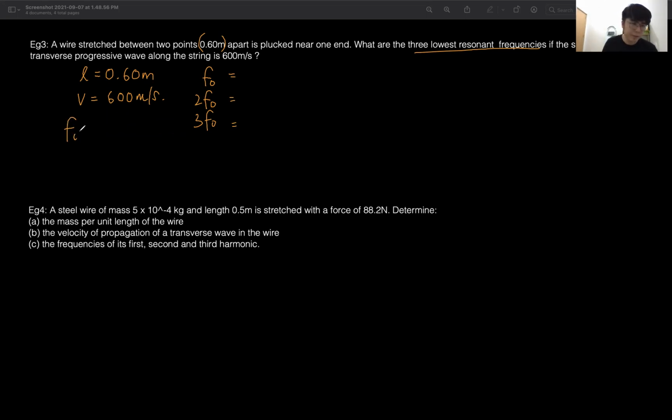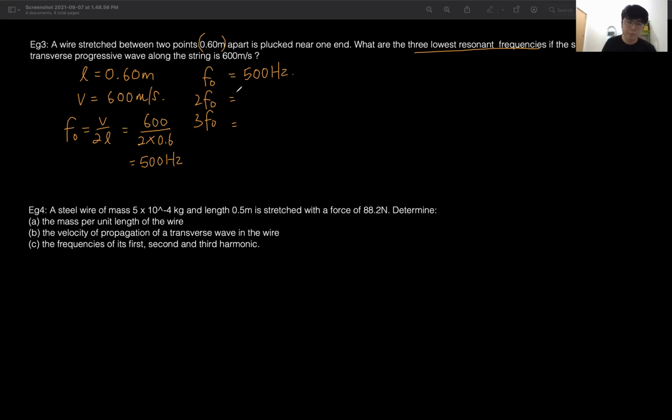So fundamental equals V over 2L, 600 over 2 times 0.6, which is 500. So fundamental is 500 hertz.